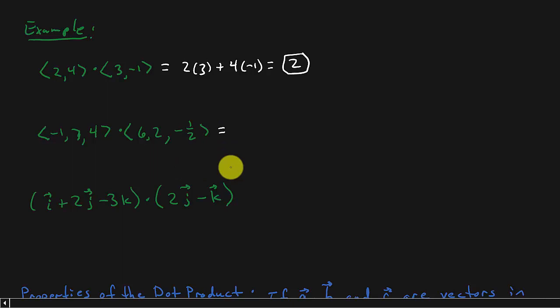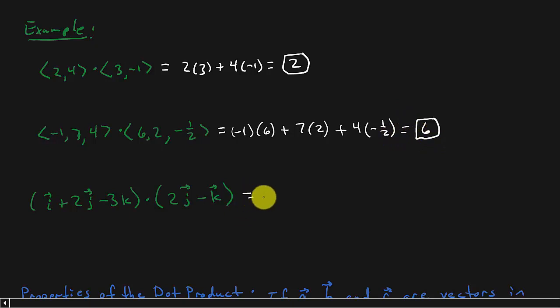Then if we have a three-dimensional vector, this number here is the number 7. So we get -1 times 6 plus 7 times 2 plus 4 times -1/2, and that is going to give us 6 as an answer.